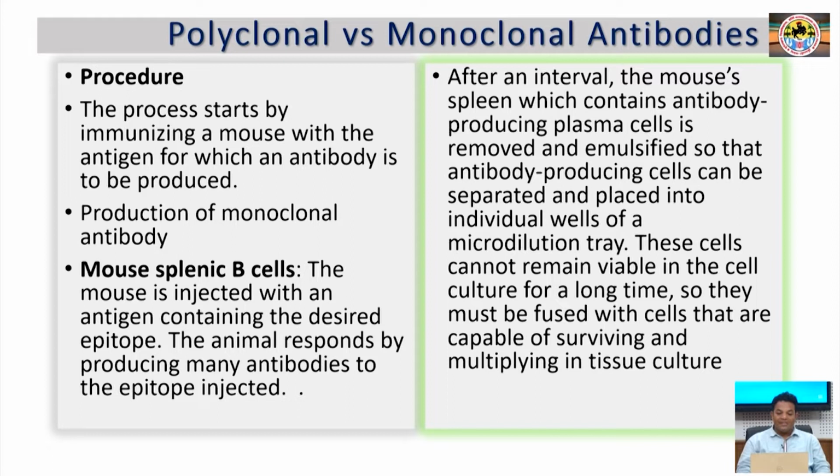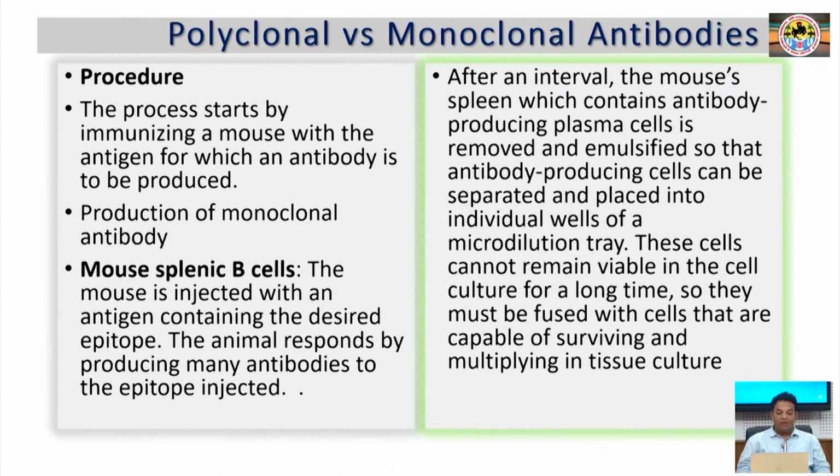The mouse is injected with an antigen containing the desired epitopes. Why epitopes? Because they are going to potentiate the antibody response. So, the animal responds by producing many antibodies against the epitopes injected. Against those epitopes, various types of antibodies are going to be developed.